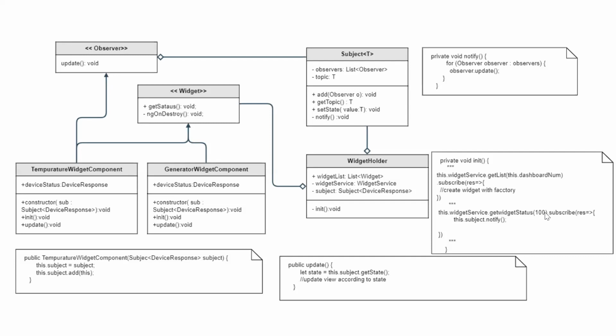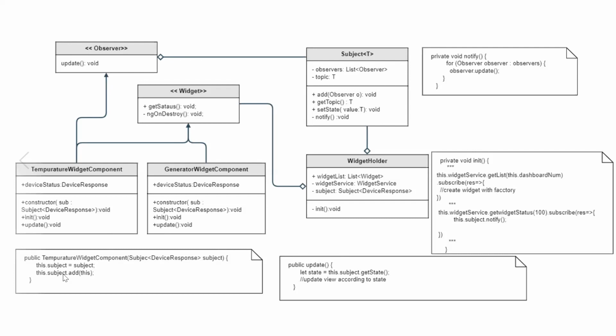This is the fetching part with the HTTP call. When creating the temperature component, we are passing the subject. So the widget holder has a subject. When we create a widget with the widget factory, we are passing a subject.